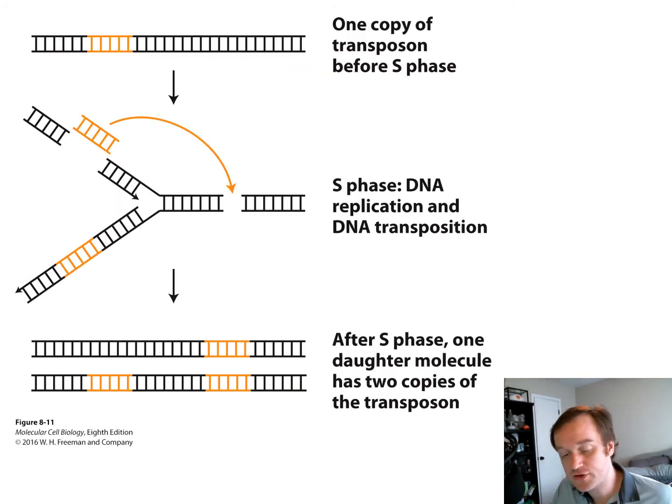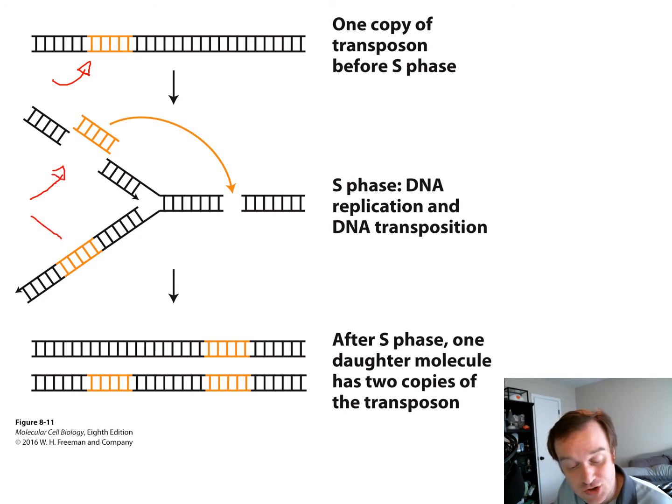While retrotransposons are able to easily make copies of themselves throughout the genome, it is possible for DNA transposons to do the same. As we can see here, during replication, we have a DNA transposon that is in the DNA, and it gets replicated.